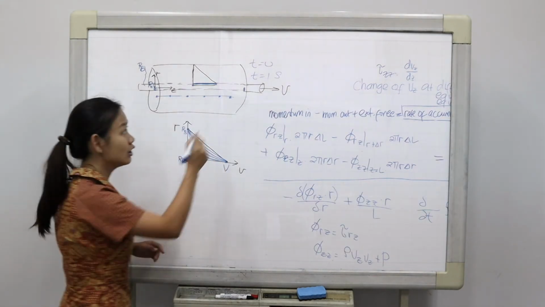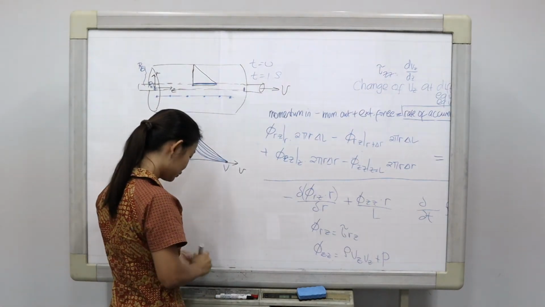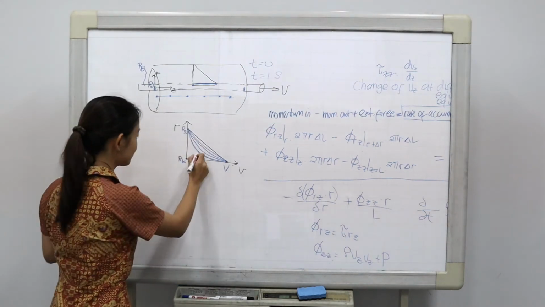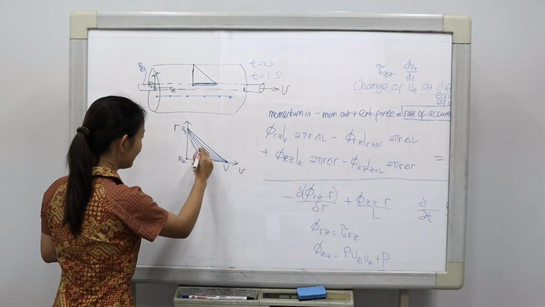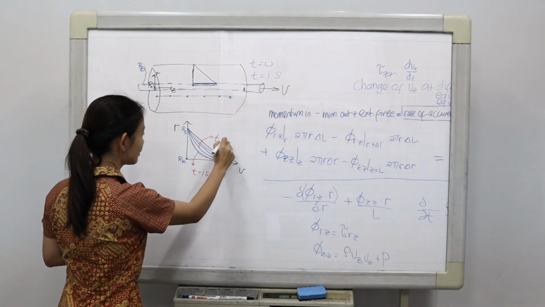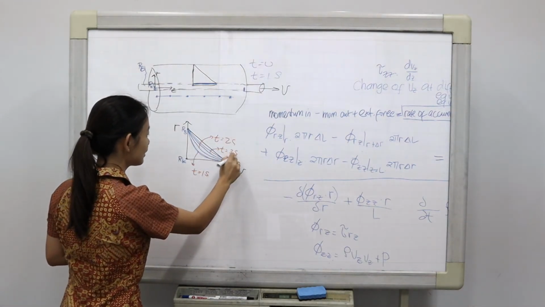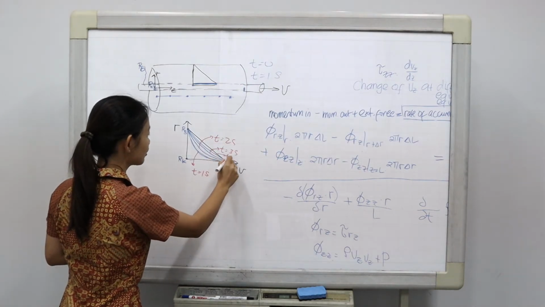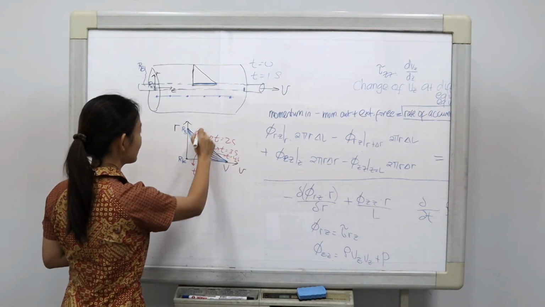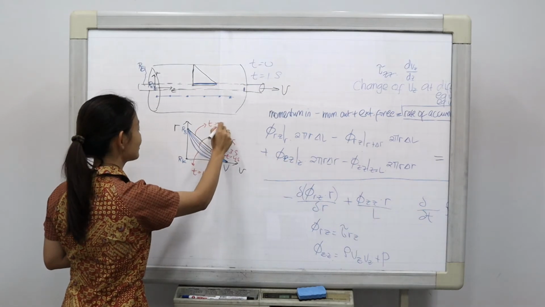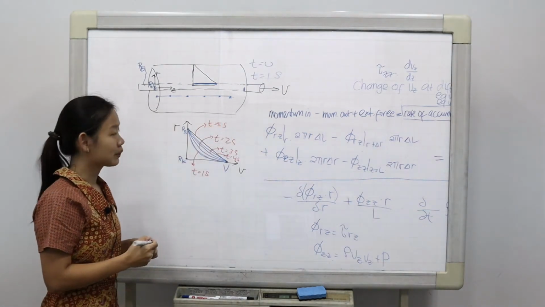If you observe the system at 2 seconds, you will have this profile. This profile is for 3 seconds, this profile is for 4 seconds, and finally this one for 5 seconds. Example, okay?